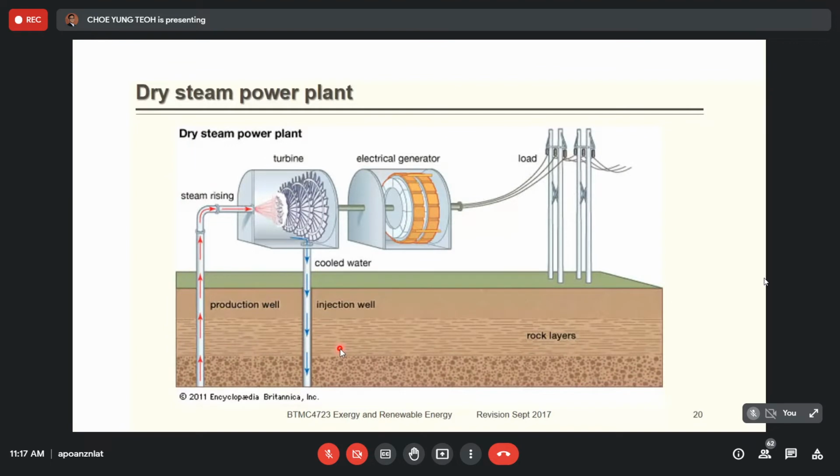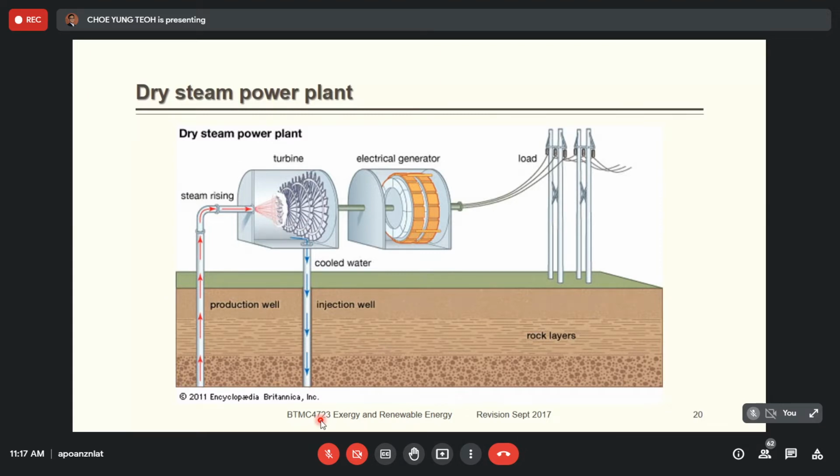This is the dry steam power plant. You can see that the concept is the simplest. You don't need to do anything. You take the steam coming from the ground and directly use it to rotate the turbine. Once the water is cooled down, you directly pump it back to the ground. No separation, no secondary fluid or whatever. The process is simple and cost effective.